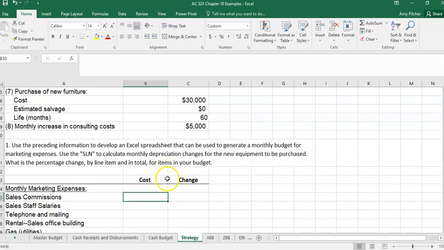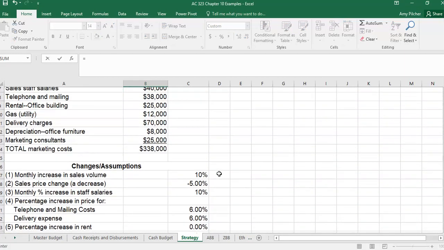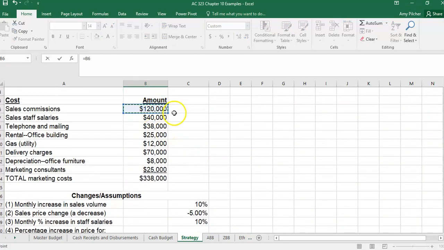So we have our sales commission is our original sales commission amount of $120,000 times 1 plus our percent increase or decrease, so our change.